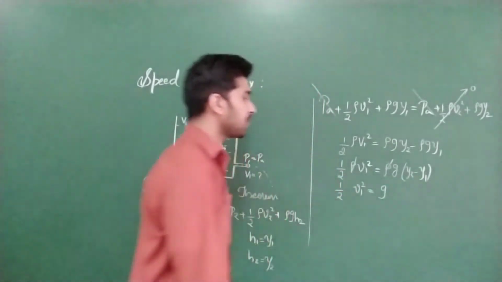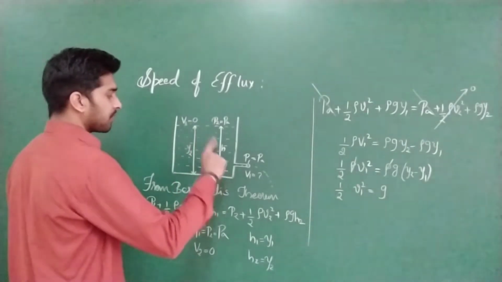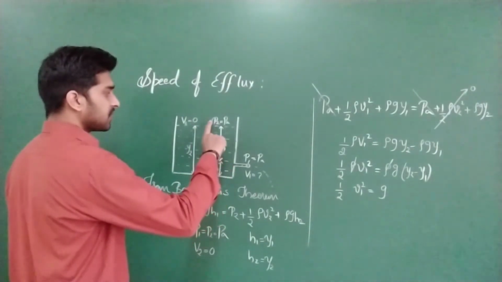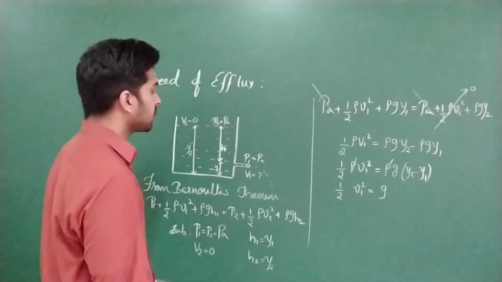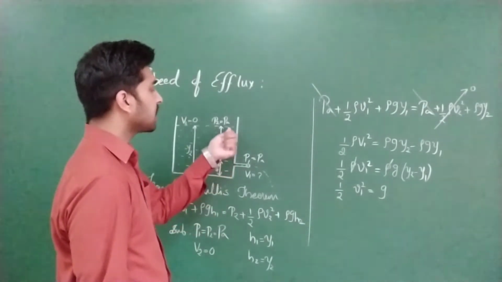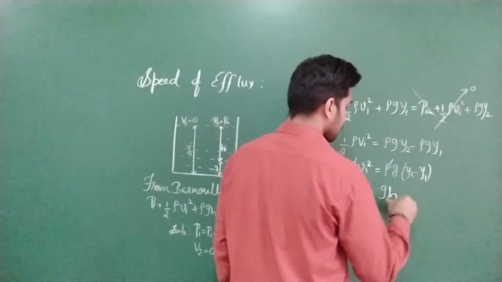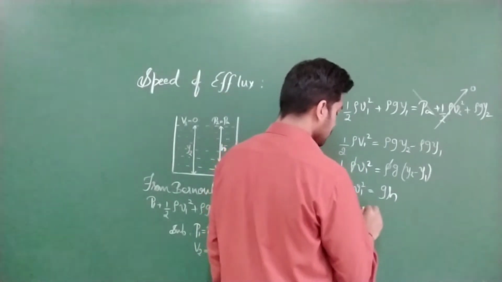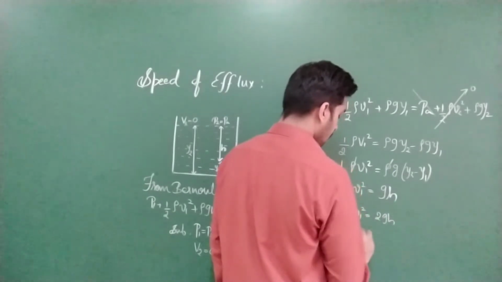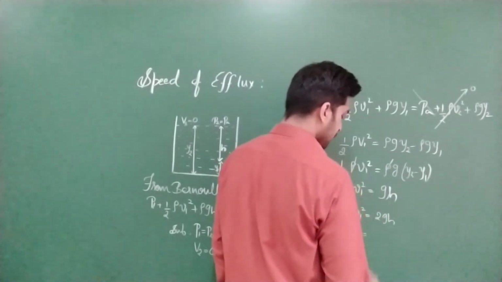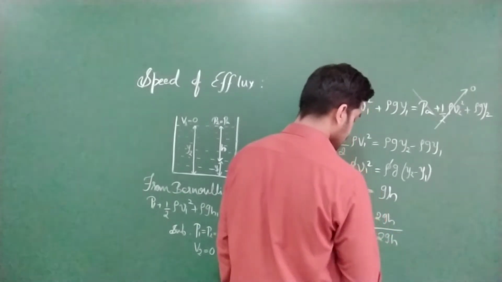What is y2 minus y1 from the diagram? This complete distance is y2, this is y1. y2 minus y1 is nothing but this distance, which is h, from this outlet until the free surface. So I can write gh. So V1 square is equal to 2gh, or V1 is equal to root of 2gh.